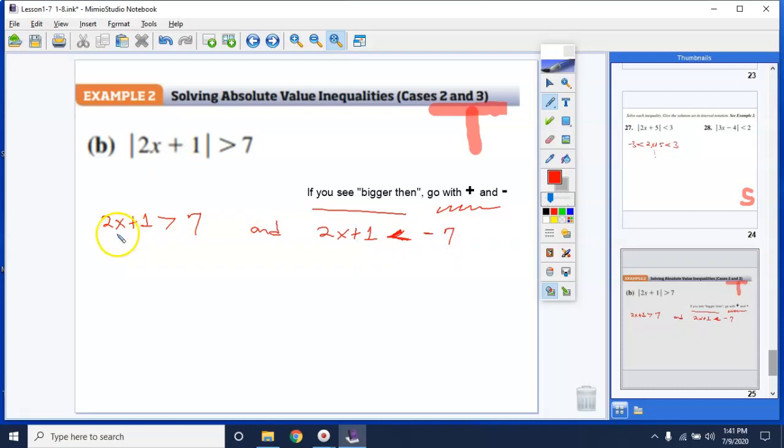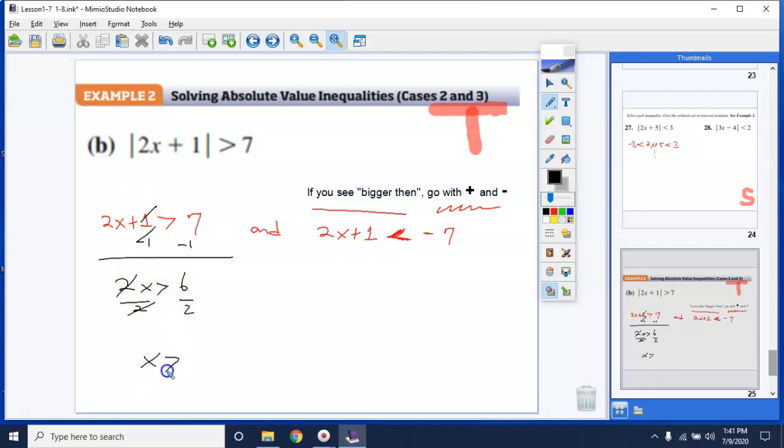The first one is just the same thing: 2x plus 1 bigger than 7. And the second inequality should be the same one, less than; reverse the sign and put your negative number. And let's solve those. In this one, get x alone: minus 1, minus 1. 2x bigger than 6, and divide both sides by 2.